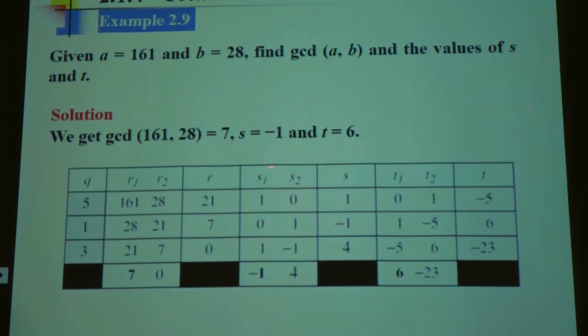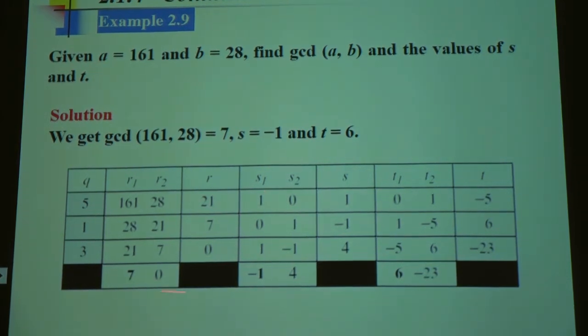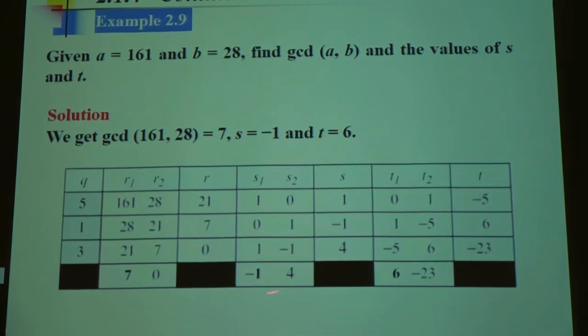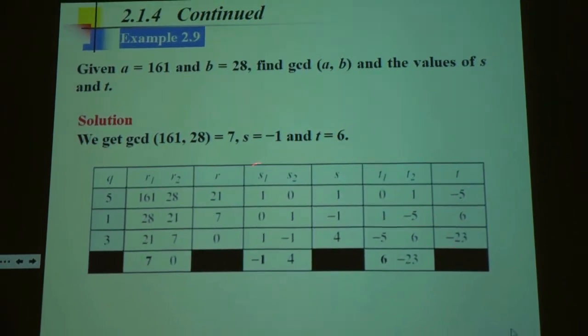So until we come in here, what is the value of S? Minus 1. Same thing in here, you apply the rule and you're going to get 6. T equals 6. Right? So that's extended Euclidean.